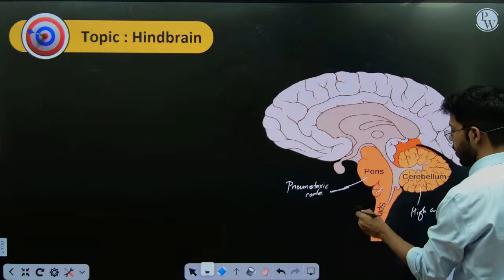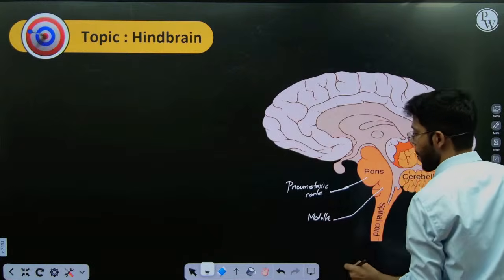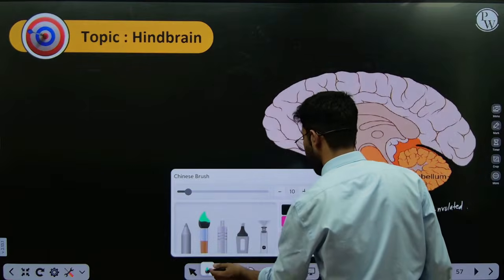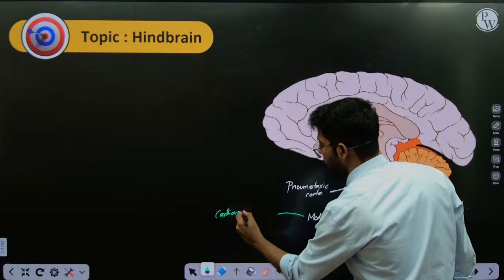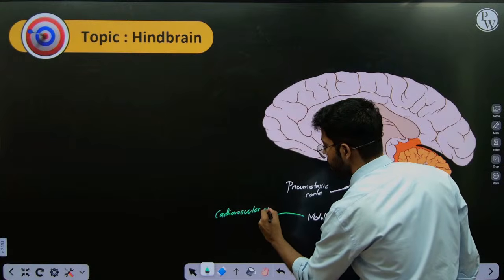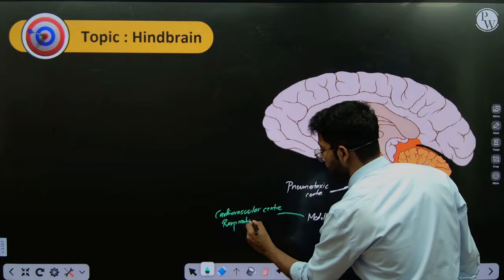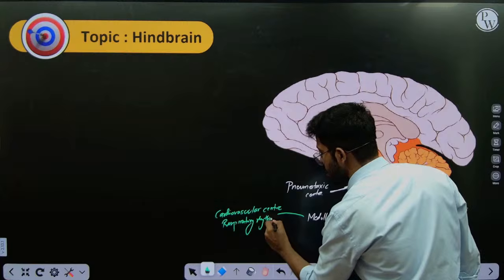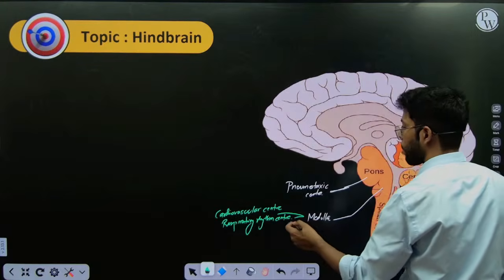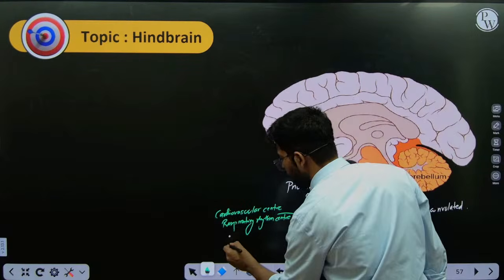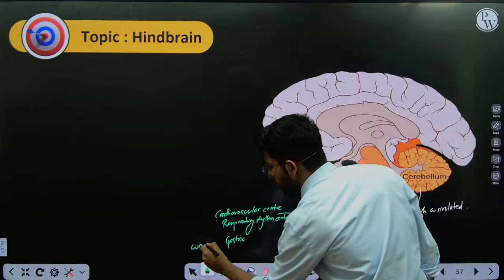And in the medulla, this is the medulla region, we have the cardiovascular center, respiratory rhythm centers, and it controls gastric secretion.